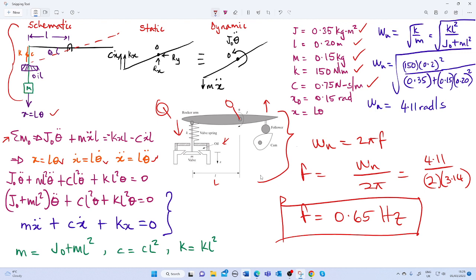Then we can substitute these values into the previous equation, and that gives us this equation.